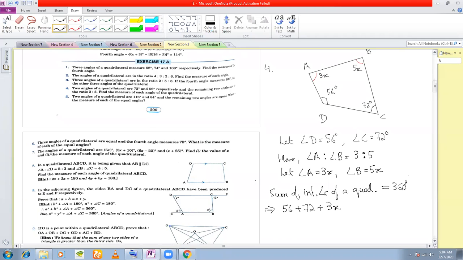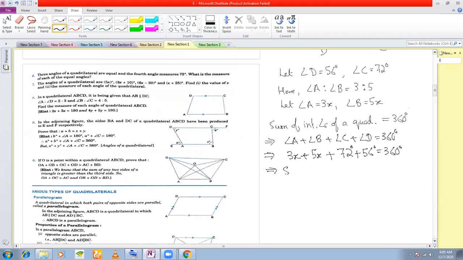Let me write the angles first: angle A plus angle B plus angle C plus angle D is equal to 360 degrees. Now put the values of these angles. Angle A is 3x, angle B is 5x, angle C is 72 degrees, angle D is 56 degrees, and this is 360 degrees.